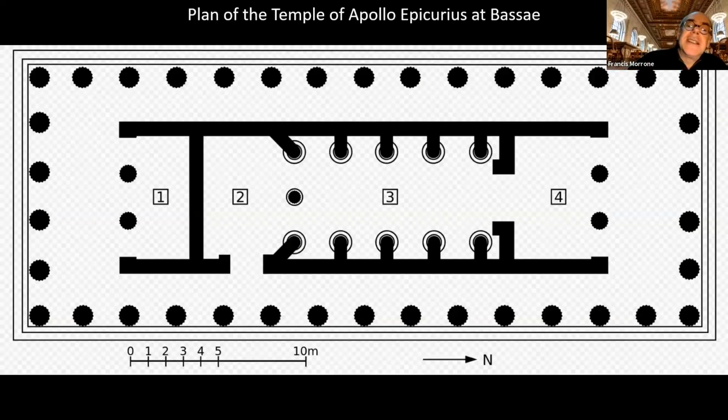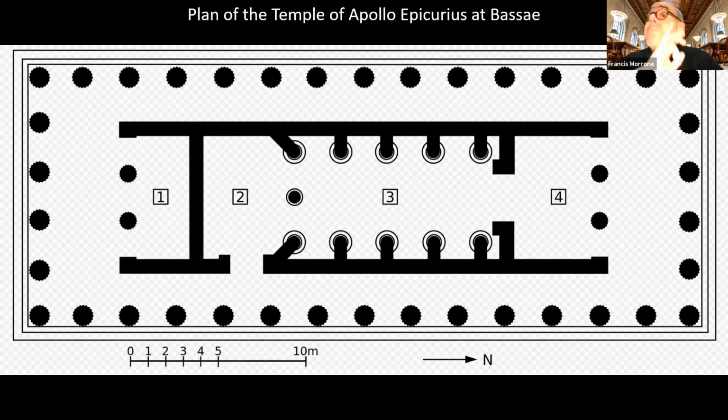Now you'll notice that there are the black dots around the perimeter. Those were Doric columns. And then the columns right in the center, in the interior, were Ionic. But then you notice that lone and lonely dot, which is just left of center between the numbers 2 and 3.